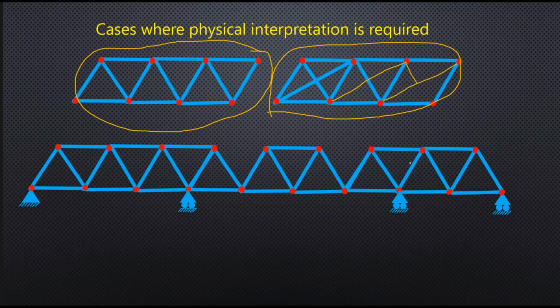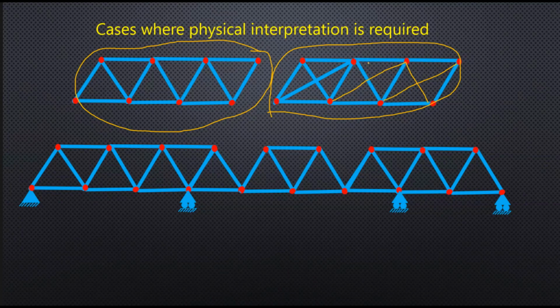So what happens if I add another member here? Right. Now this formation has more members than my equation m is equal to 2j minus 3. So what is that m which satisfies 2j minus 3? It is the number of members which is just enough to make it a geometrically unchangeable system.